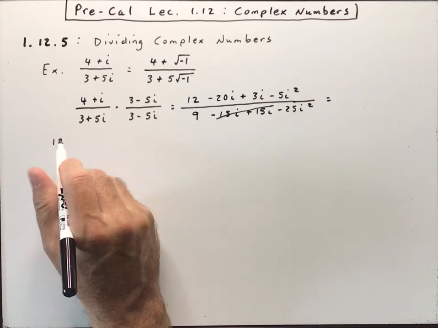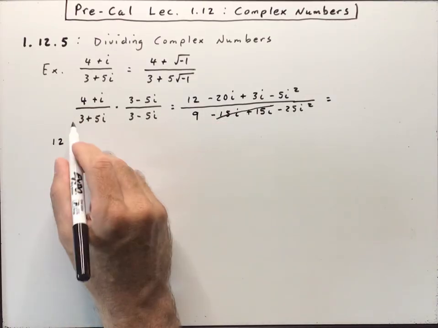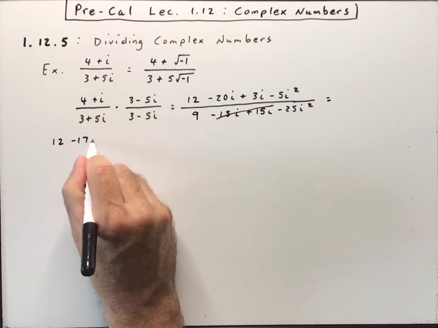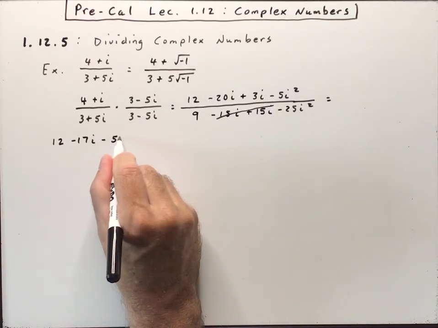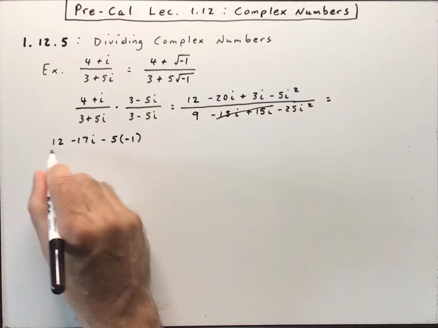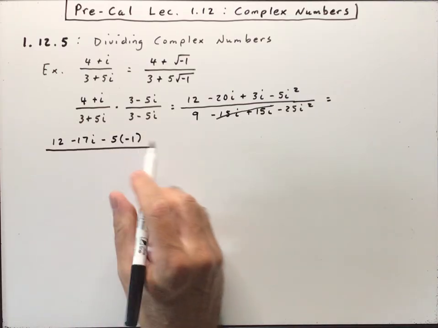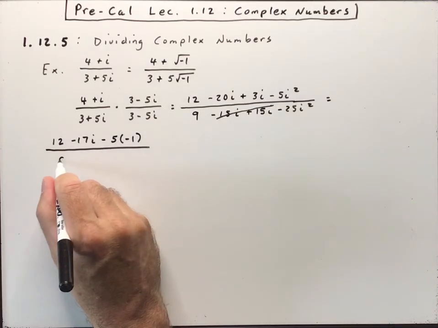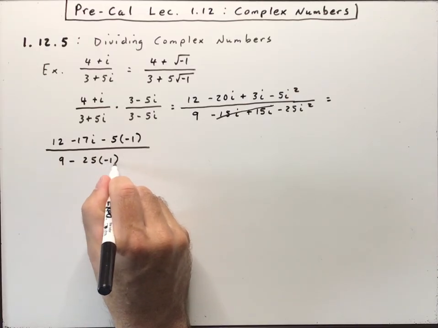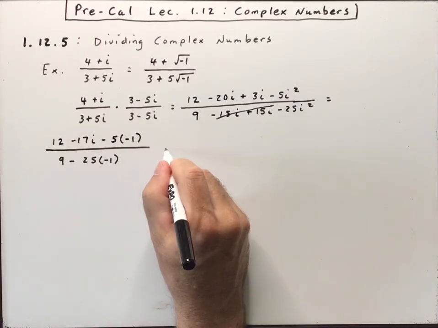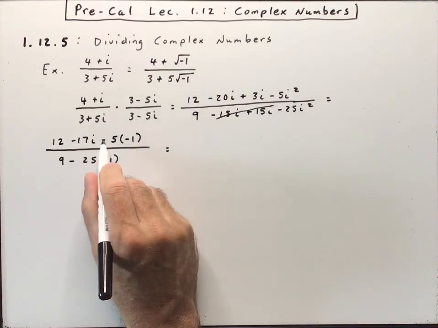In the numerator, we would have 12 minus 17i if I combine the i terms, and then minus 5 times negative 1 over 9 minus 25 times negative 1. So replacing the i squared with a negative 1. That's going to be 12 plus 5.